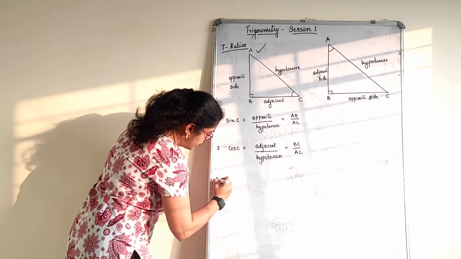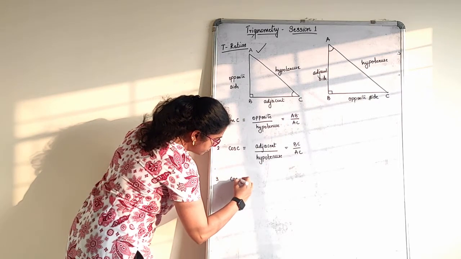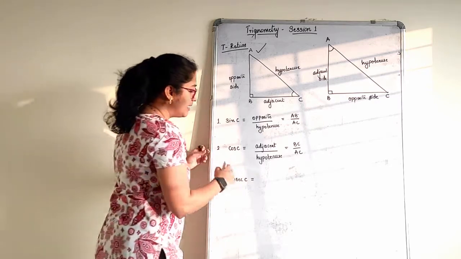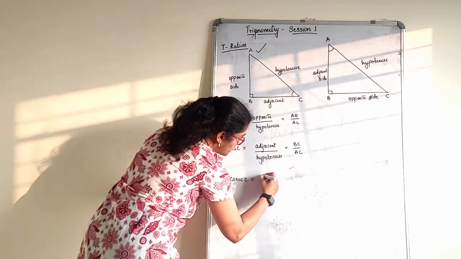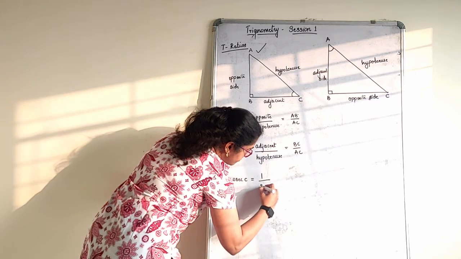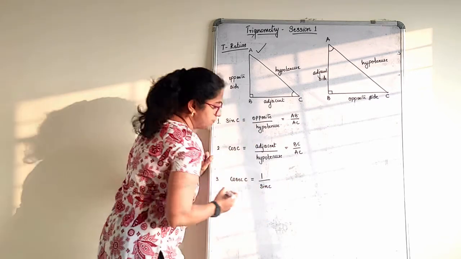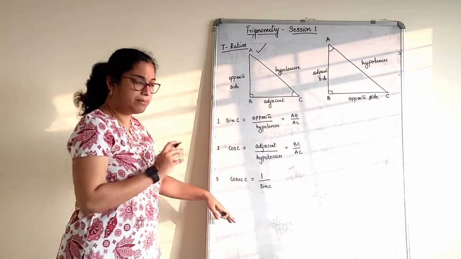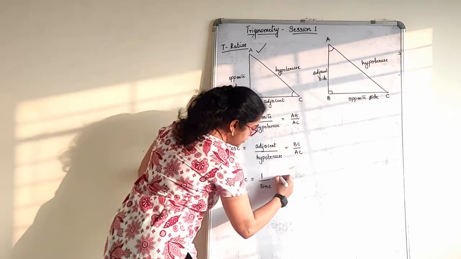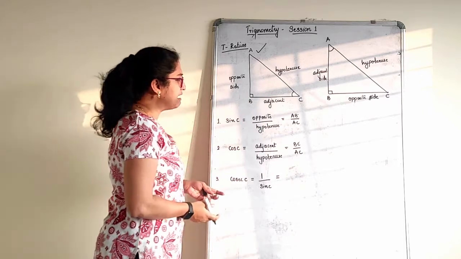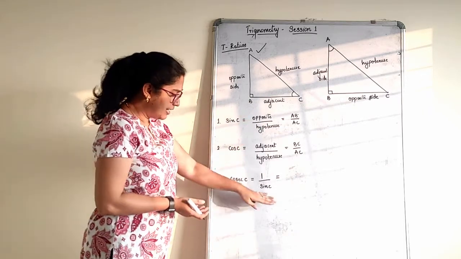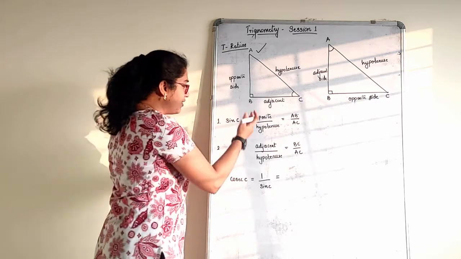Third one, what did we have? Cosec. Cosec C should be what? It is the reciprocal of sin C. So reciprocal of sin C means it will come, but still we will write it. How do we write? Directly I know it is nothing but hypotenuse by opposite, I know it is 1 by sin C, but still we will write here.